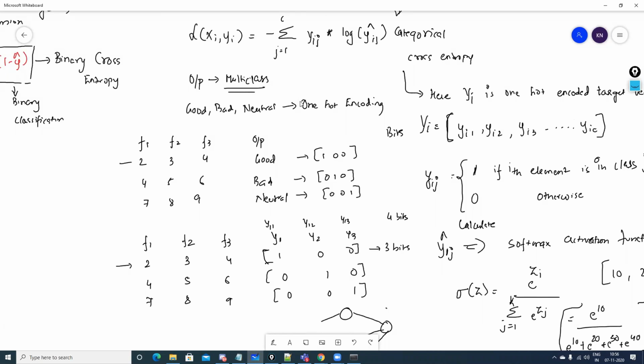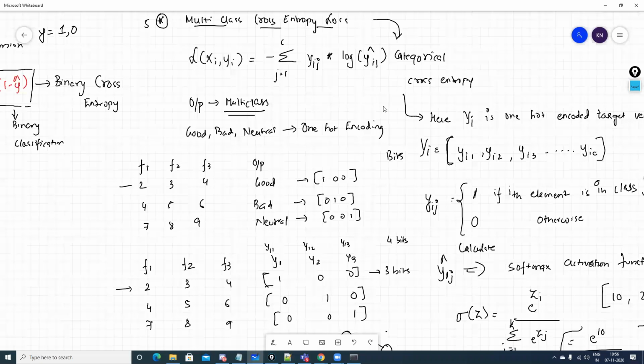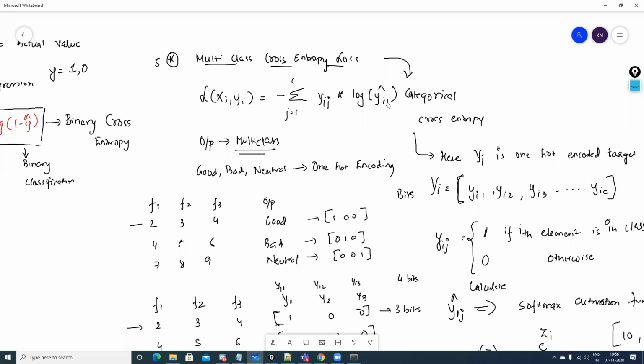This is given by the equation summation of j equal to 1 to c, y of ij multiplied by log of y of ij hat. What is this c? C is the number of categories. Why have we written yi of j? Because whenever we have multiple categories, internally, we are going to form this kind of one-hot encoding.